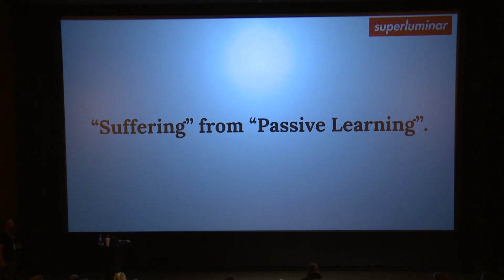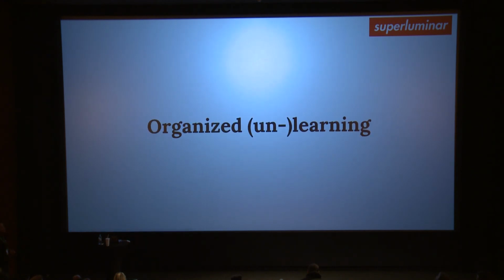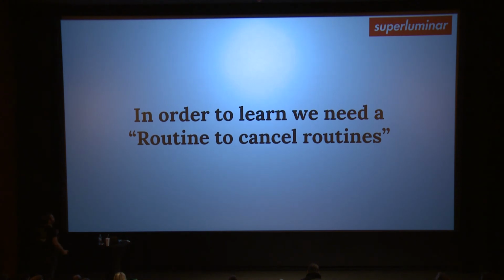Please go to this AWS workshop because we are now migrating everything to AWS, and when you tell that to a system administrator or developer who has been doing serverful stuff for 20 years, then they might suffer from passive learning. So we need some way of organized unlearning, and for that we need a routine to cancel routines. So to have a really ordered way.